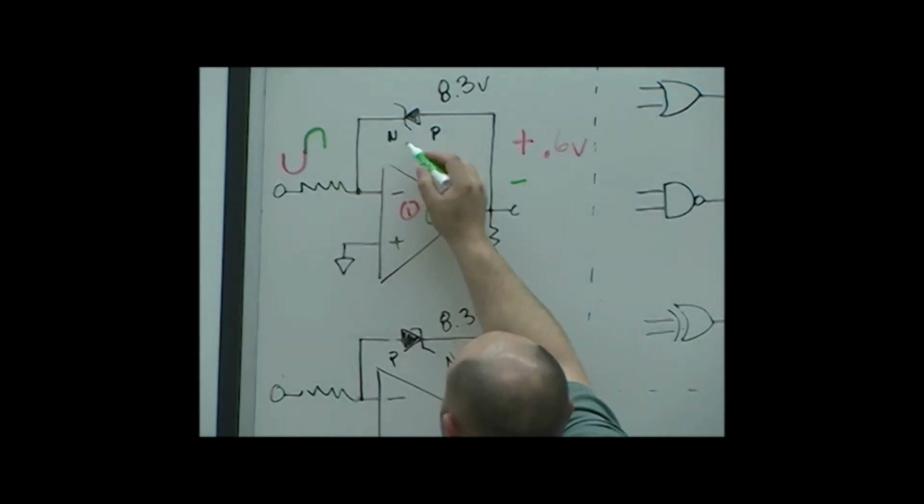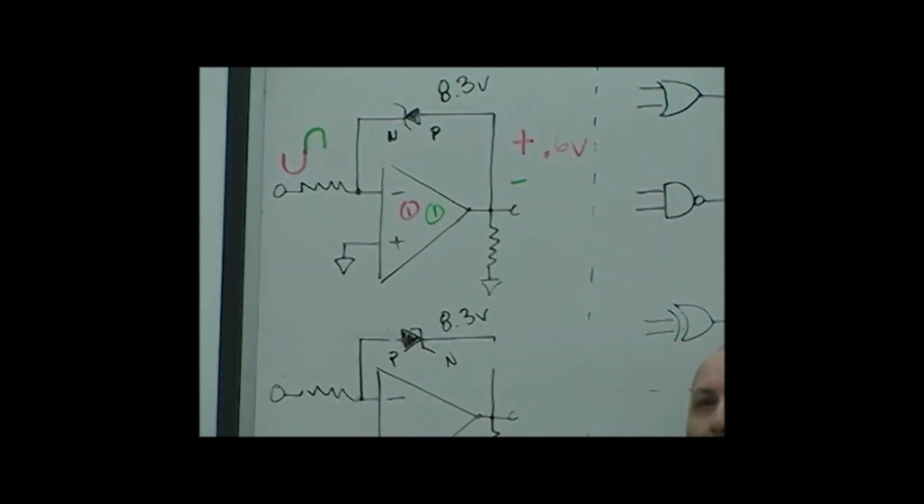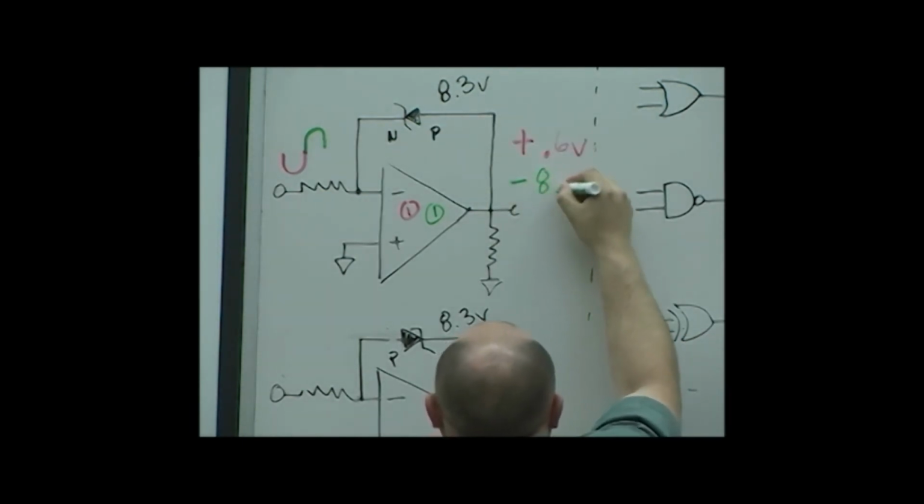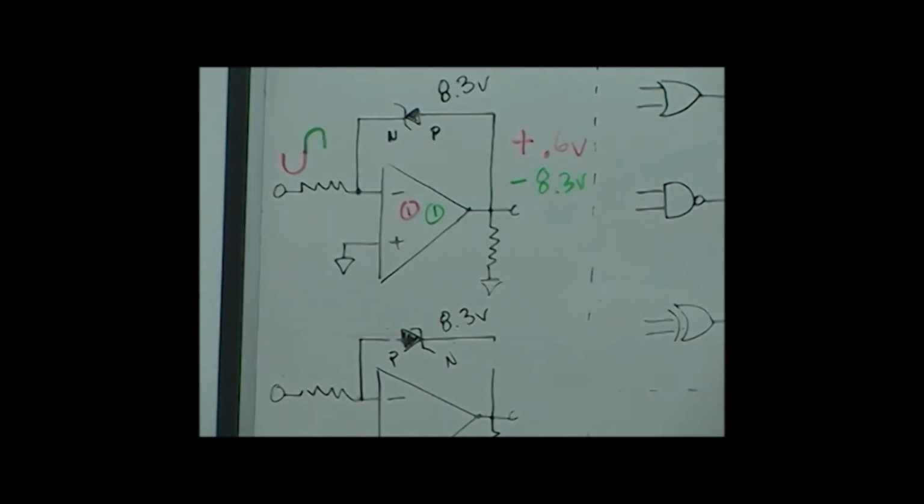So more positive potential on N-type material is going to keep that thing open, switch open, 8.3 volts. Or look at it like this, if you figured that one out, it can't be positive and negative 0.6, can it? During one half cycle, it's going to be forward bias, and the other half cycle is going to be reverse bias or drop in Zener voltage. Those are the choices. Can't be both.